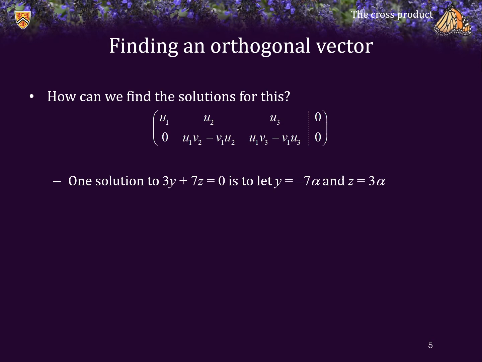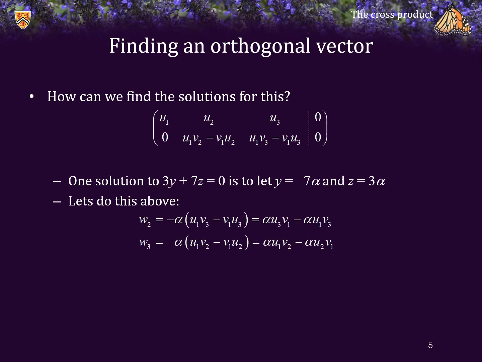Rather than declaring z to be the free variable, we will introduce a new free variable alpha, and we will declare that y is equal to negative 7 alpha, 7 being the coefficient of z in the equation, and z is equal to 3 alpha, 3 being the coefficient of y. Notice that if we substitute both of those values into the equation, we get negative 21 alpha plus 21 alpha is equal to 0, and that is true for all real alpha.